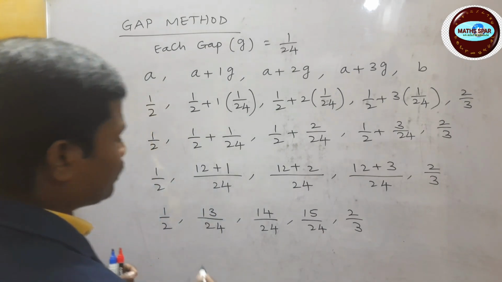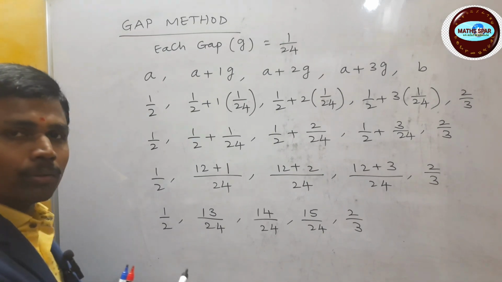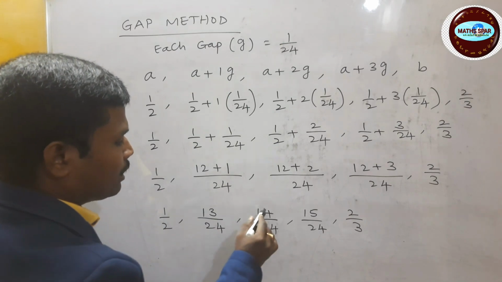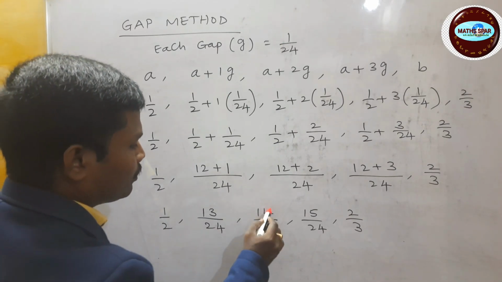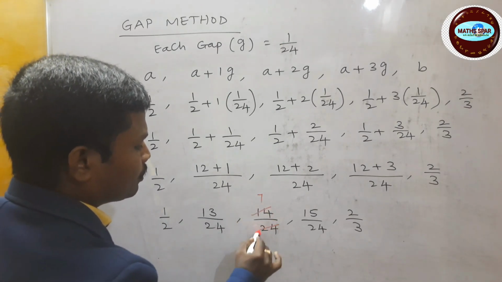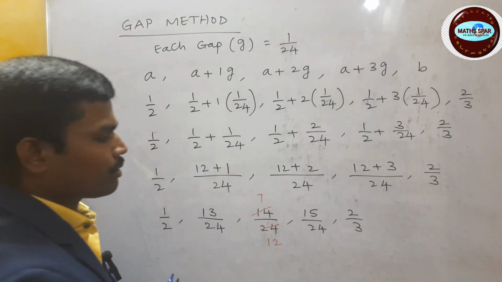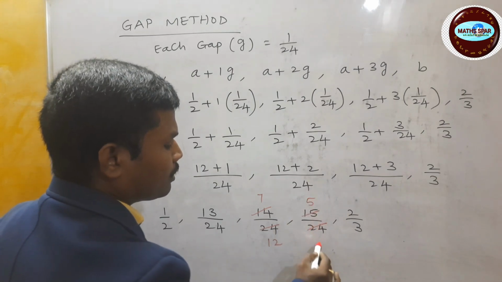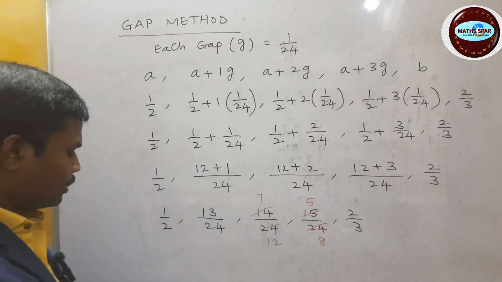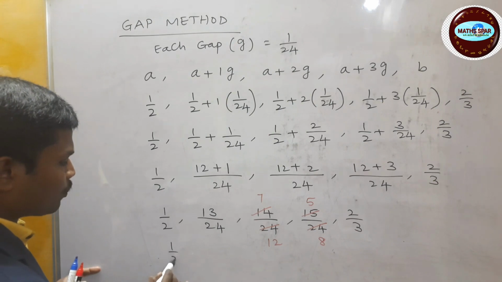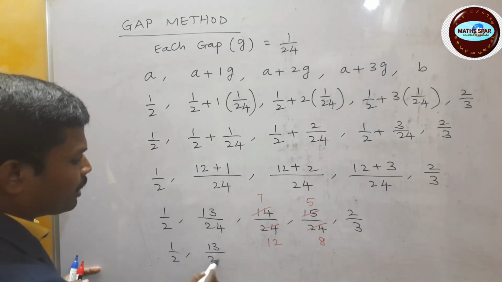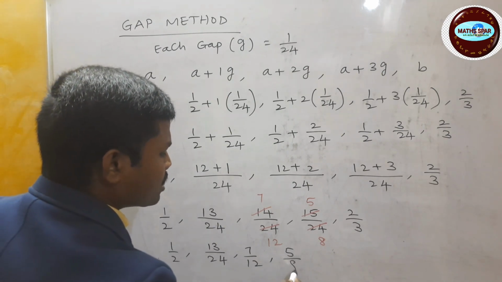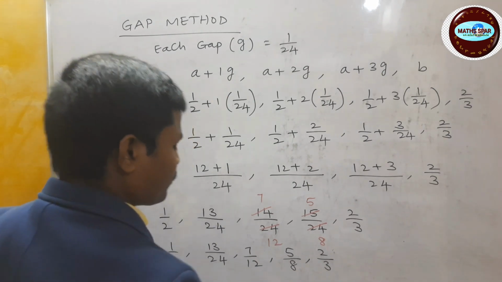So how do we simplify these? 13 and 24, you cannot cancel further. 14 and 24, surely you can cancel. So how are we going to cancel? 2 sevens are 14, 2 twelves are 24. Then 15 and 24, yes, 3 fives, 3 eights. So we write this as half, 13 by 24, 7 by 12, 5 by 8 and 2 by 3.